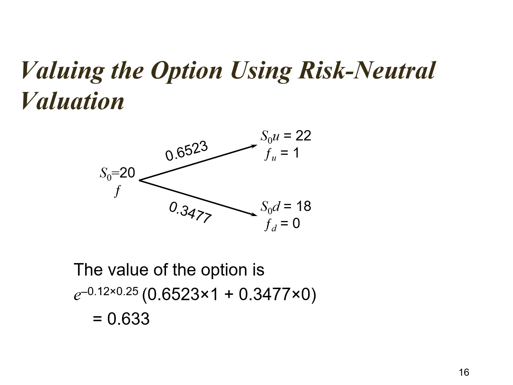Now we know that the value of the option is F. It should be equal to e raised to the power of minus RT times P times FU plus 1 minus P times FD, which is equal to e raised to the power of minus 0.12 times 0.25 into 0.6523 into 1 plus 0.3477 into 0, which gives you a value of $0.633.